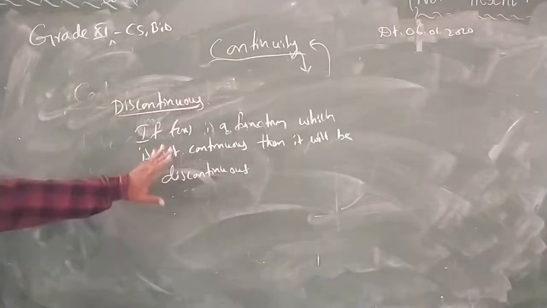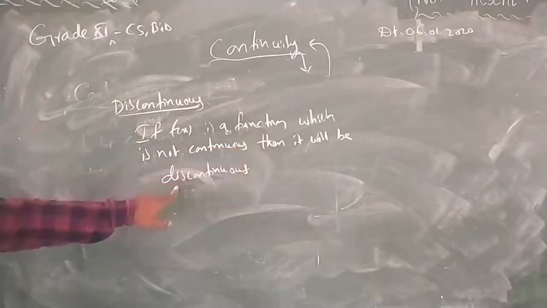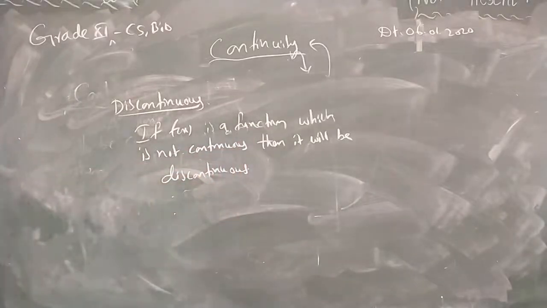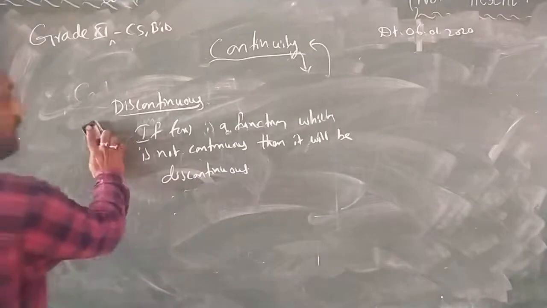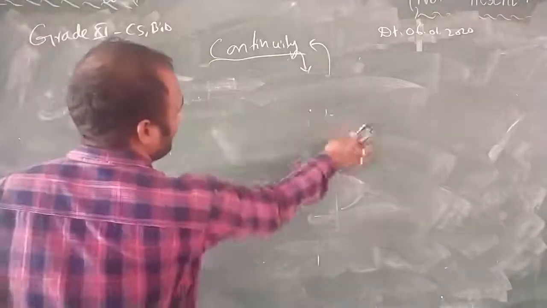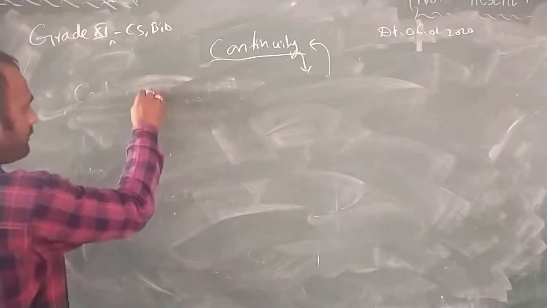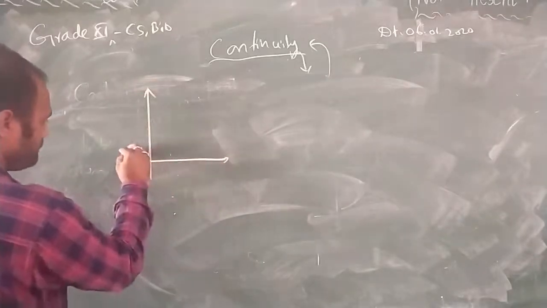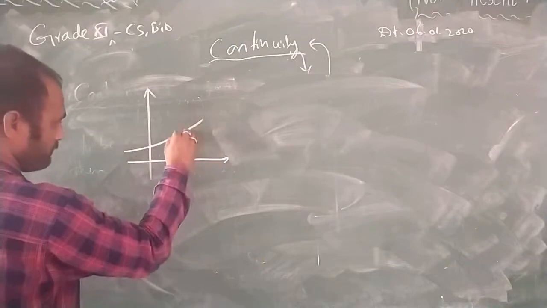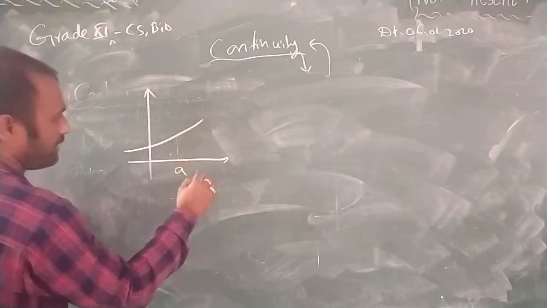So if you are saying a function is not continuous, then you can use the word discontinuous. Now let us see this graphically. Now look at here. I'll take the first graph at A.